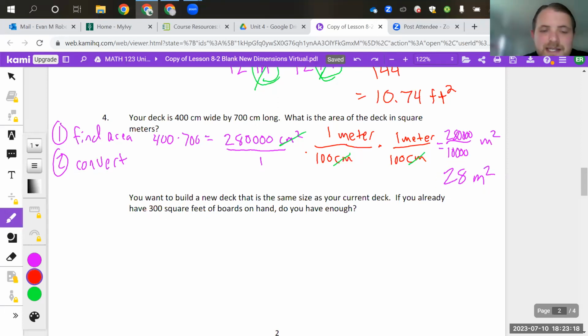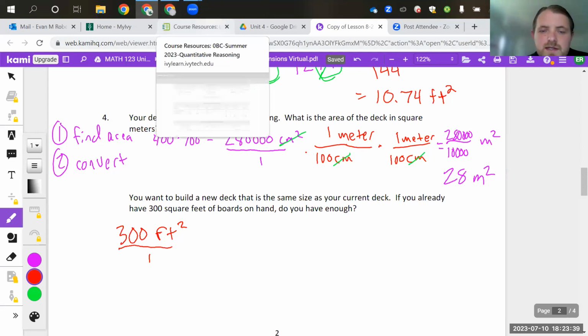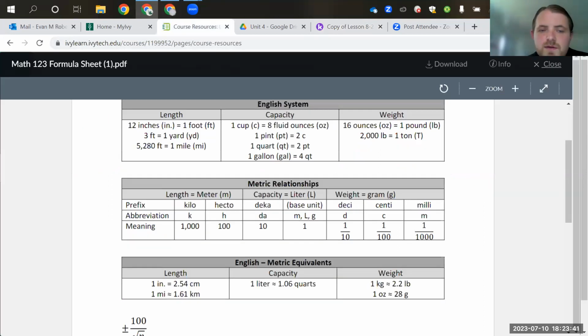I can either convert the 28 meters squared into square feet, or I can take my 300 square feet and convert it into meters and just see if it's bigger or smaller. So I'm going to go ahead and just do that. I believe you're given the metric conversion.